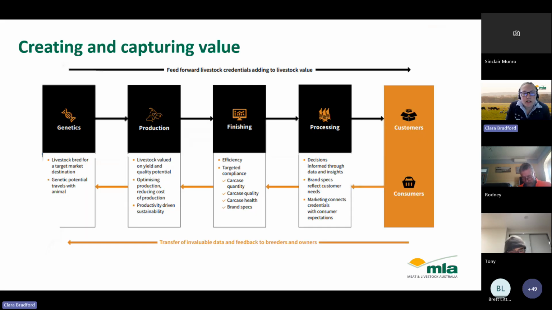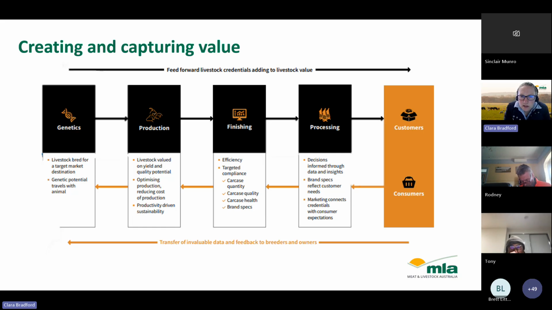Another part of the strategy is really focused on creating and capturing value. So this is basically a step-by-step of how we can do that. Genetics plays an integral part of ensuring that the livestock that we breed are bred for a target market destination, and that those genetic credentials of those animals flow through the supply chain, through production, finishing, processing, and ultimately to our customer.